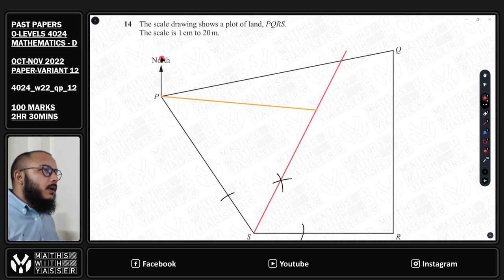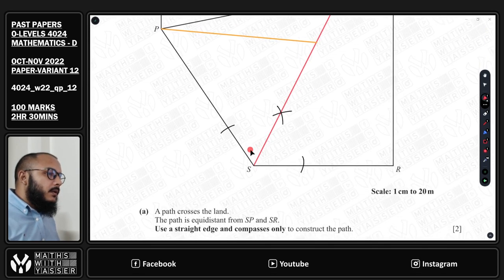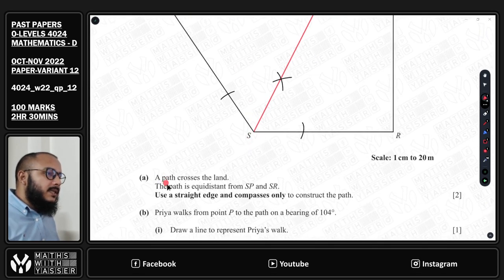Then we have the scale drawing shows a plot of land PQRS. The scale is 1 centimeter to 20 meters. They're saying that a path crosses the land.